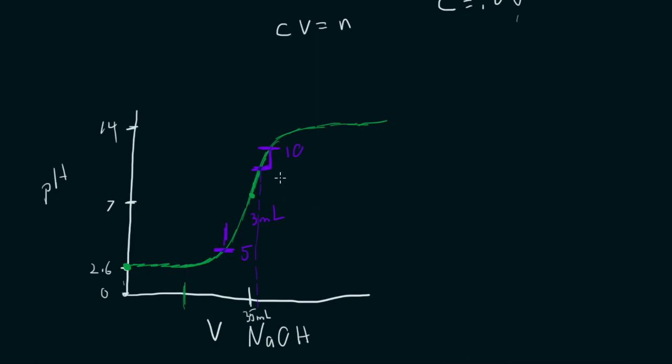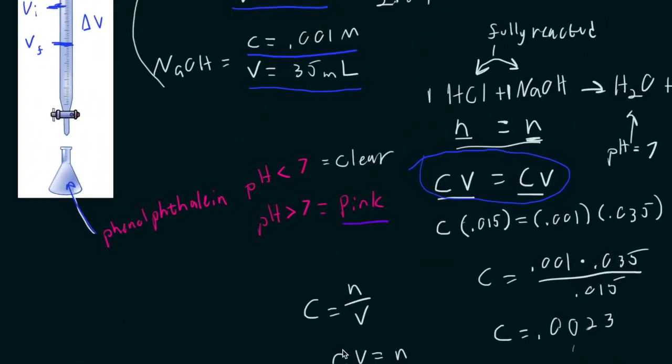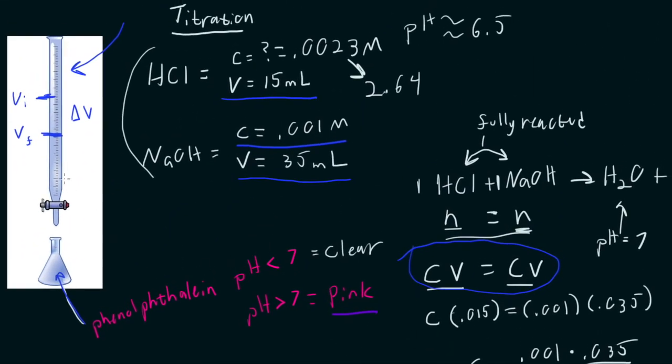And because these titration curves take on this very distinctive shape, where they skyrocket from a low pH to a high pH with just a few drops, it allows us to be very accurate, even with pretty inexpensive equipment like an Erlenmeyer flask and a burette.